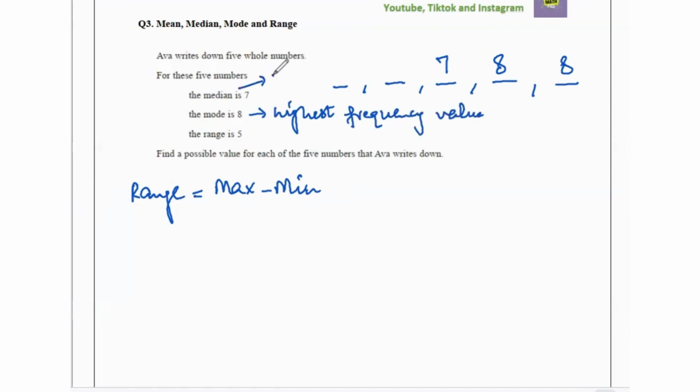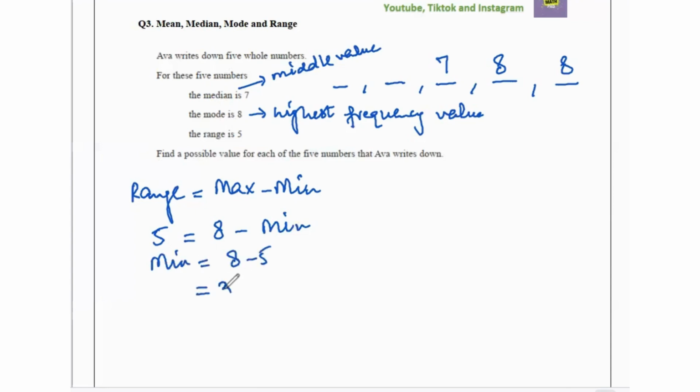And median, middle value. So range is 5, maximum value is 8, minimum is what we're trying to find. So minimum is going to be 8 minus 5, which is equal to 3.